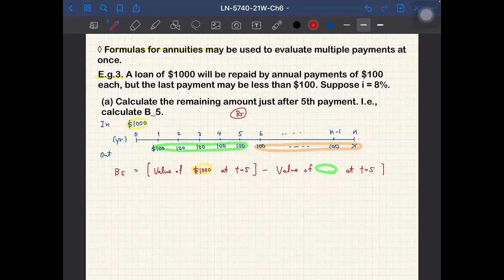Then we can calculate the balance for the remaining amount, which is the value of these orange ones.